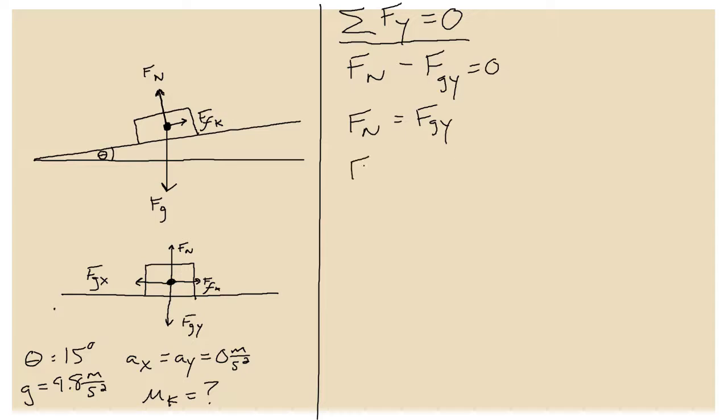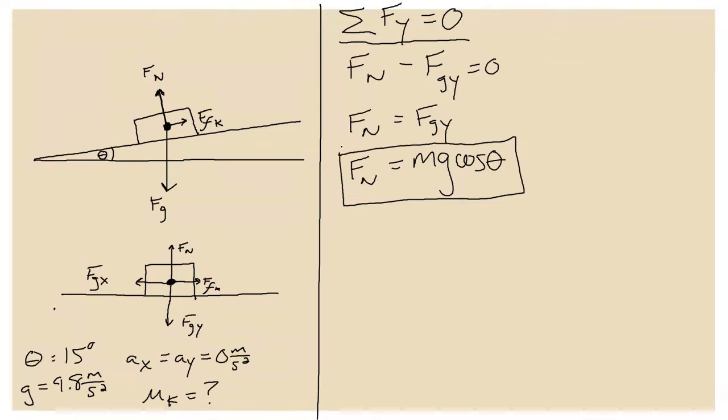Since Fgy is mg cosine theta, because remember the sine and cosine switch on an inclined plane in terms of the equations for the components, all you can really do with the y equation for an inclined plane is solve it for the normal force and move on. The normal force is equal to mg cosine theta. You need that result to plug into the x direction equation, because the force of friction is based on the normal force.